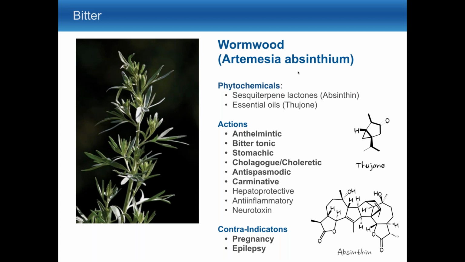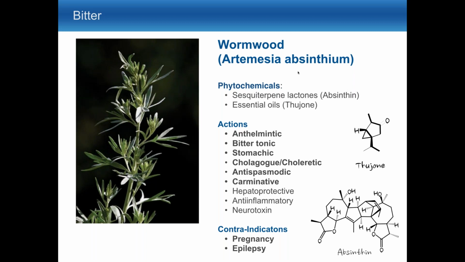Some of the German books will describe wormwood as an indication for that. So the bitterness gets the bile flowing, but then has this antispasmodic and carminative effect that helps to relax the cramping that's often associated with gallstones with some people. And so it's a specific indication. You could use this acutely to relieve that cramping and spasming in the gallbladder.